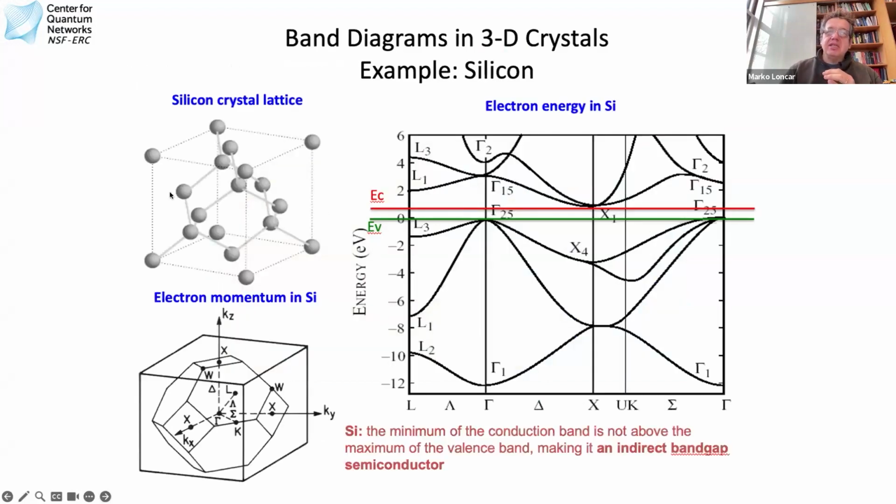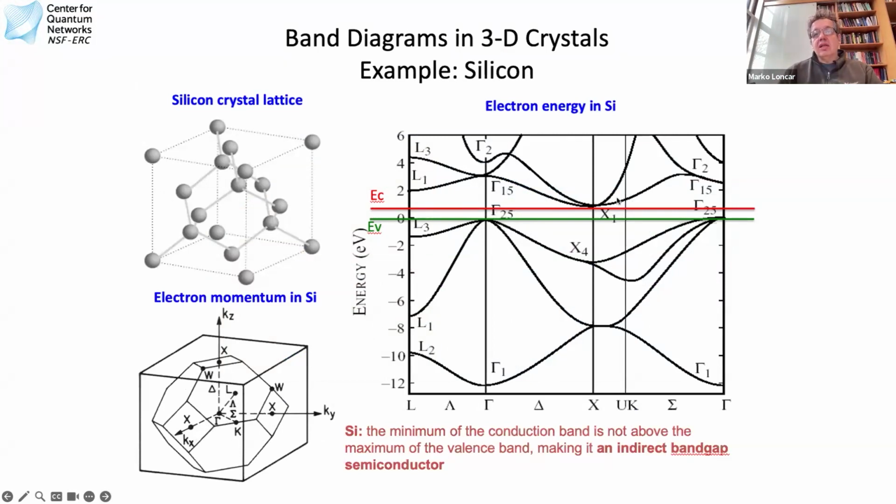This is the silicon crystal lattice. This is the silicon band diagram. These lines are the allowed energies, the dispersion diagram for an electron propagating in this lattice along these directions indicated here. These are allowed energies that the electron can have.